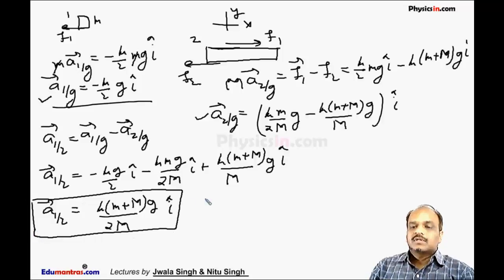This acceleration of block 1 with respect to 2 is constant, so we can say displacement is equal to ut plus half a t square.